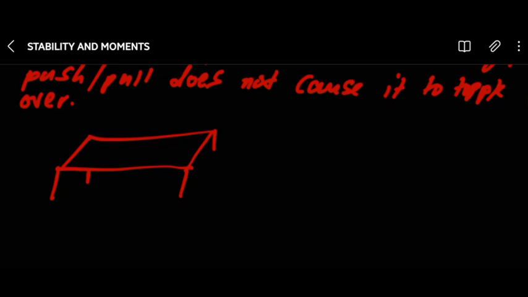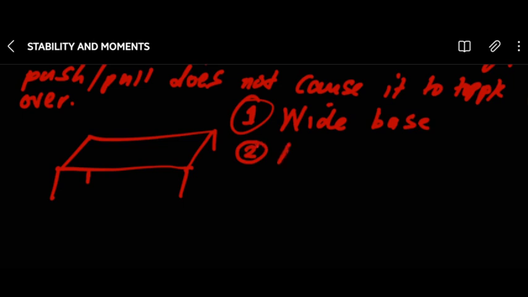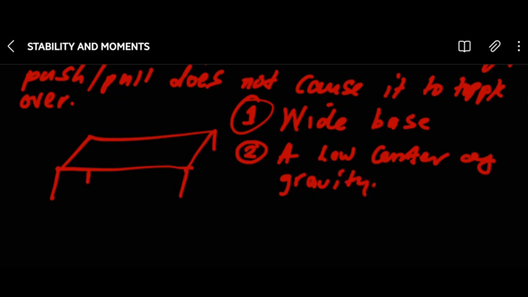The reasons why this table doesn't topple over is that, one, it has a wide base, and two, it has what we call a low center of gravity. For an object to be in a state of stable equilibrium, it should have a wide base and a low center of gravity.